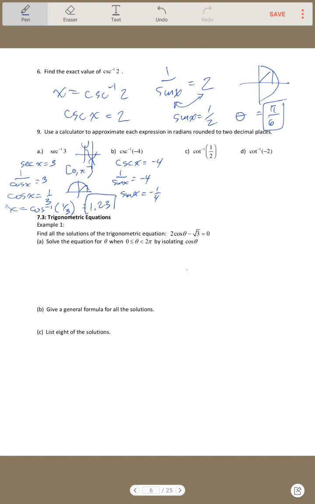Okay, and because we're looking at cosecant, keep in mind that we have that restriction from negative pi over 2 to pi over 2, and so if sine is negative, that's occurring in quadrant 4 there. So we're doing sine inverse of negative 1/4. Let's do that.